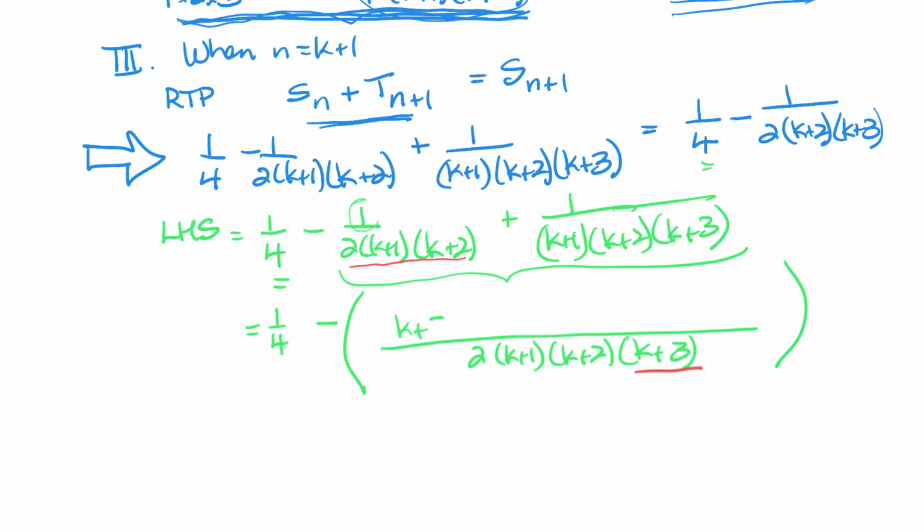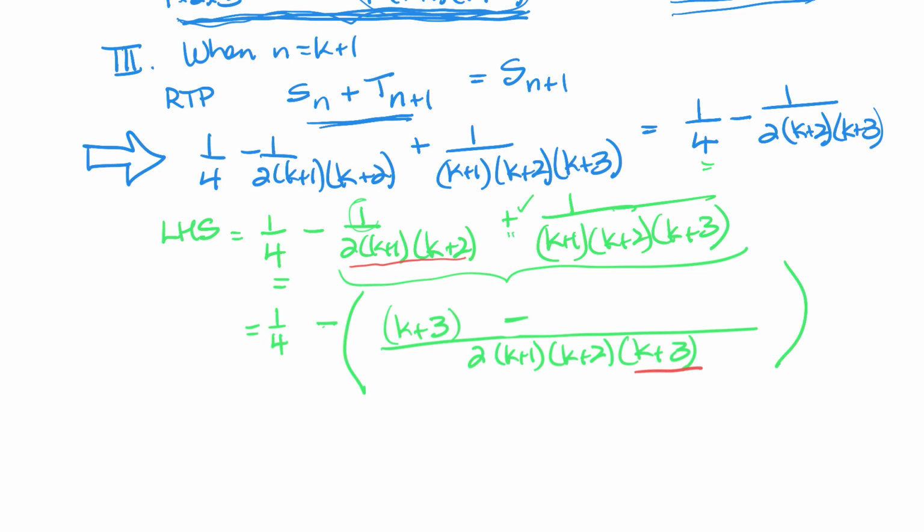So that's k plus 3 plus, well actually I have to be careful now because I've put brackets around this whole thing. So that plus just there will actually become a minus. So that is minus, so that this minus times this minus gives us that plus, which was there.